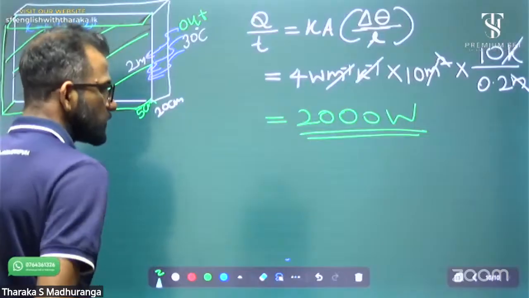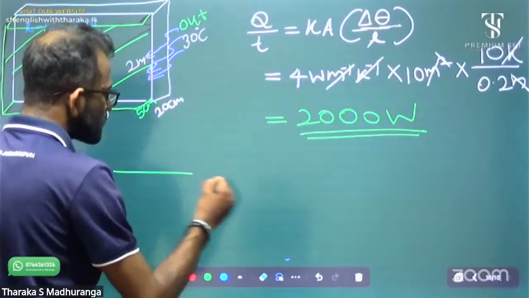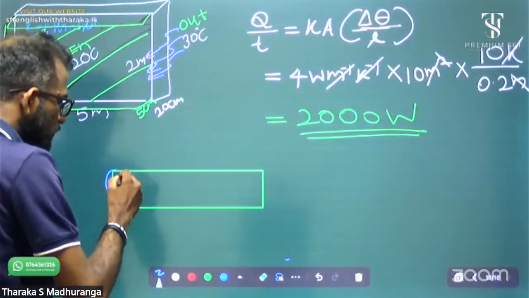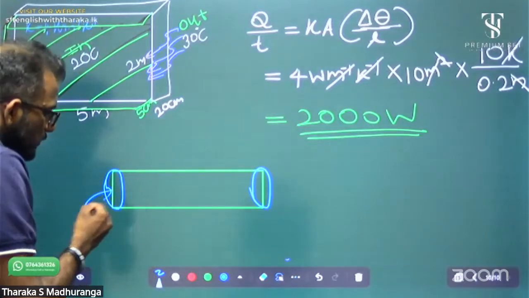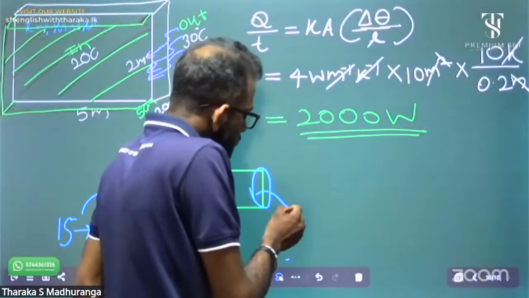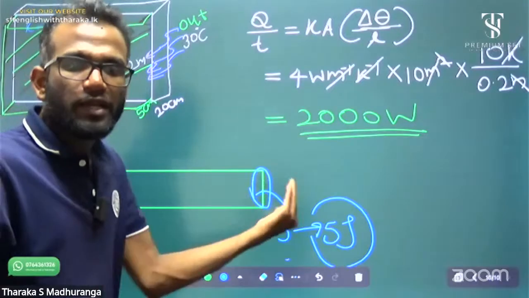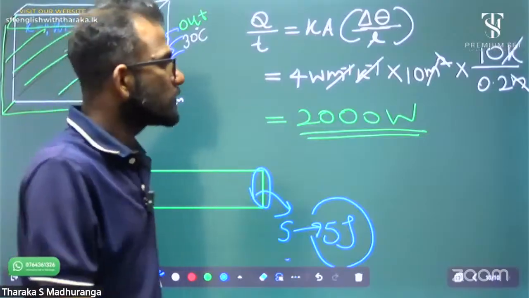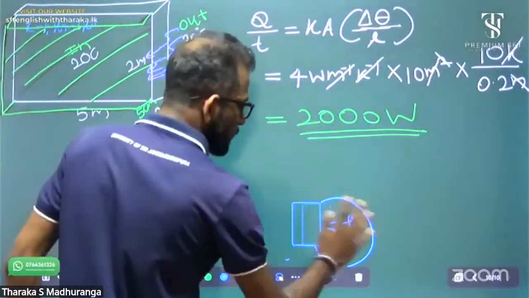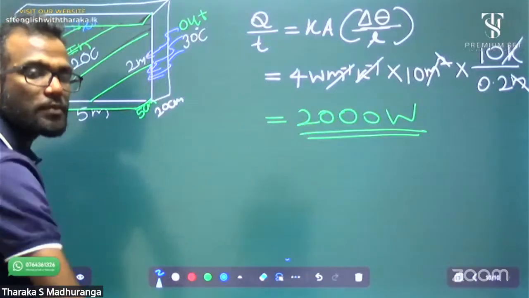I will explain steady condition for a rod. If the amount of heat entering within 1 second is 5 joule, within the same 1 second 5 joule is leaving. The heat entering equals the heat leaving in the same time. That we call the continuous stage.